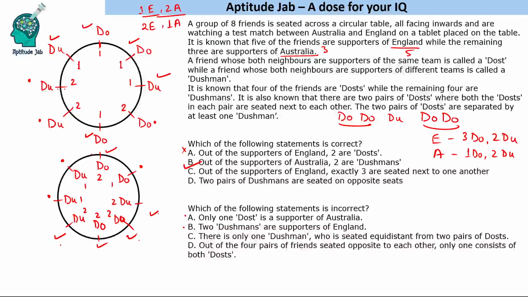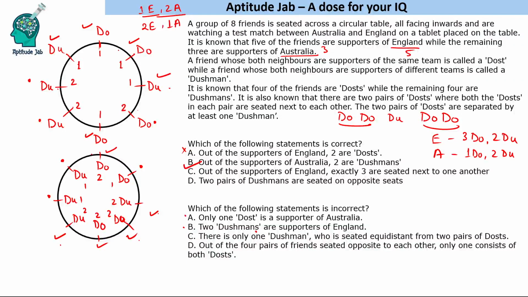Now second dushman, is he equidistant? So if you see, this is dushman, dost and dushman. Okay, dost and dushman. So he is not equidistant from any of those. If we take this dushman, so 2 dosts and another pair of dosts, right? So there are 2 dushmans.